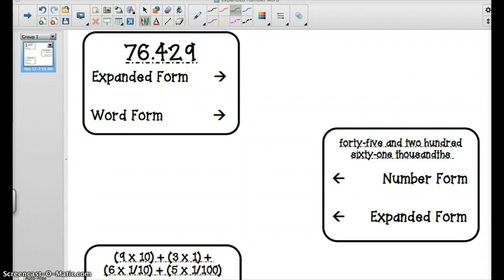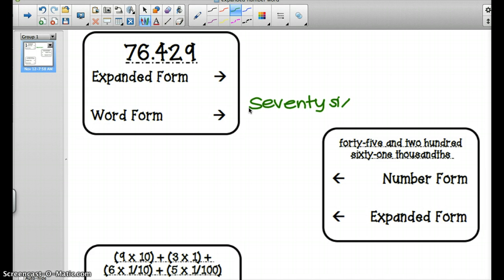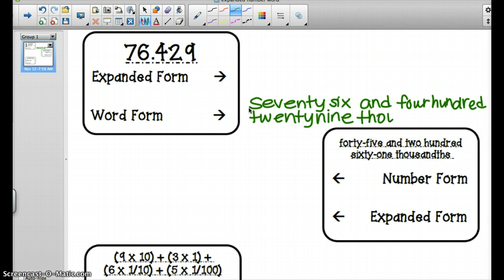We're going to write it as 76 and 429 thousandths. And we say it's thousandths because we look at where our last number falls. Our 9 right here is in the thousandths place.